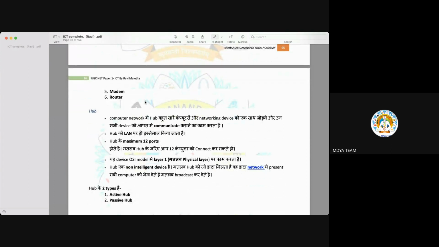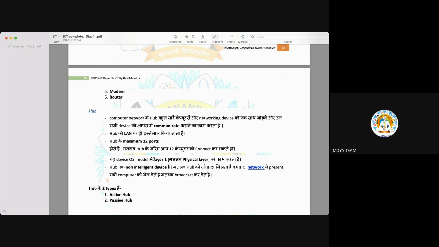You can say it is a place of convergence, where the data arrives from one or more directions, and then it is forwarded out in one or more directions. It is a common connection point for the networked computers and other devices also. So to connect devices in a LAN, this hub is used.